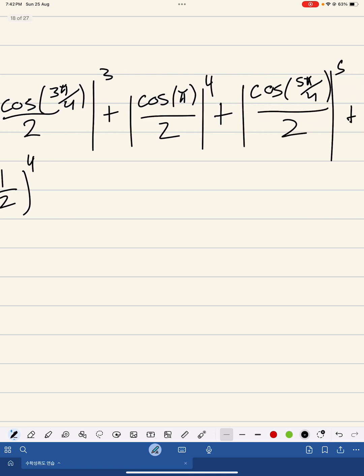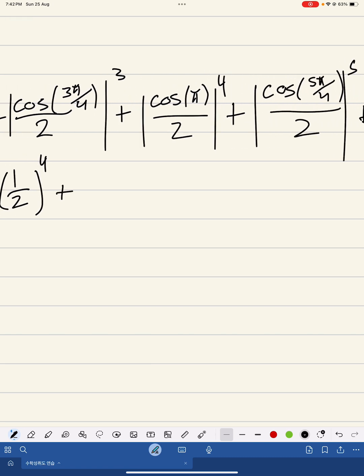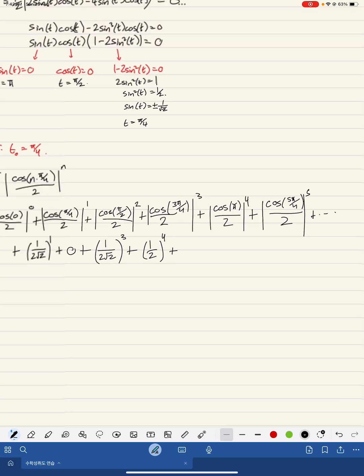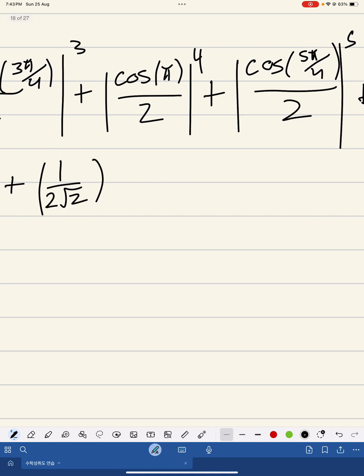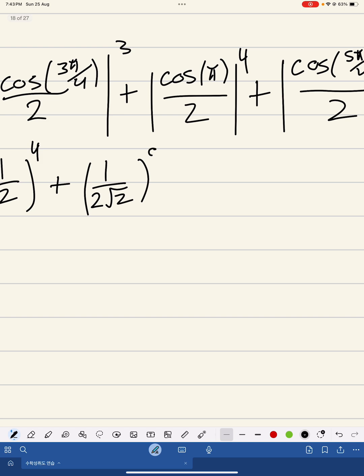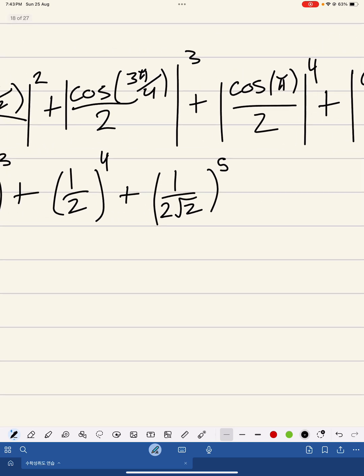The fifth power, we get 5 pi over 4, which again is pi plus pi over 4, which we'll get minus 1 over 2 root 2, minus 1 over root 2. So we'll get absolute value of, so root 2 to the power of 5, and so on.